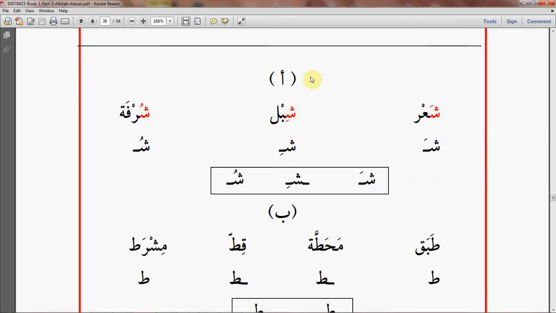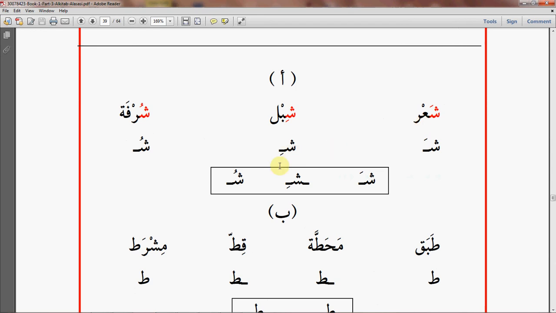Part Alif. Now we're going to check how to read the letter Sheen in words. Sheen, شعر. Sheen with fatha, شا. شعر, hair.